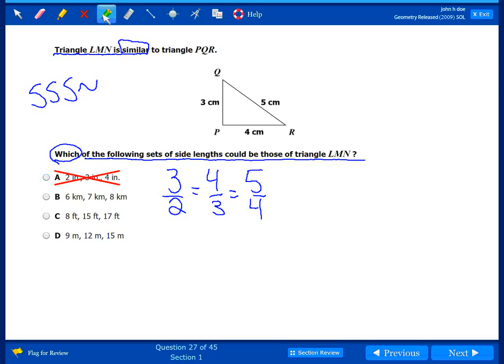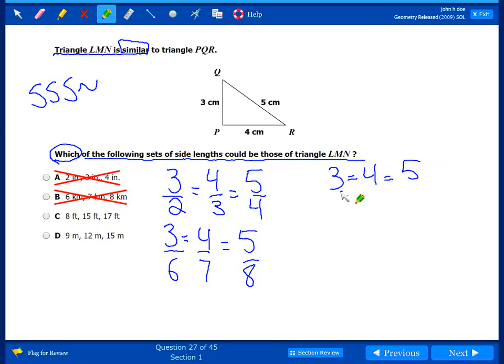What about the next one? So we have 3, 4, and 5. Now we have 6, 7, and 8. Again, that one doesn't work. Let's try the next one. 3, 4, and 5. We have 8, 15, and 17. Once again, that doesn't work.